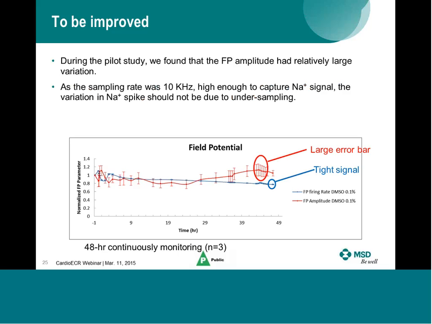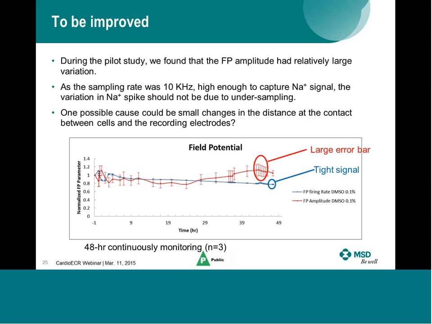The sampling rate we use is 10 kHz, or 0.1 millisecond, which is high enough to capture any sodium channel signal. Therefore, the variation in the sodium spike amplitude of the field potential should not be due to undersampling.